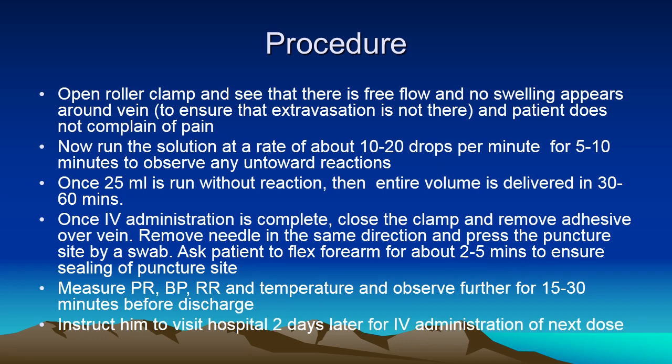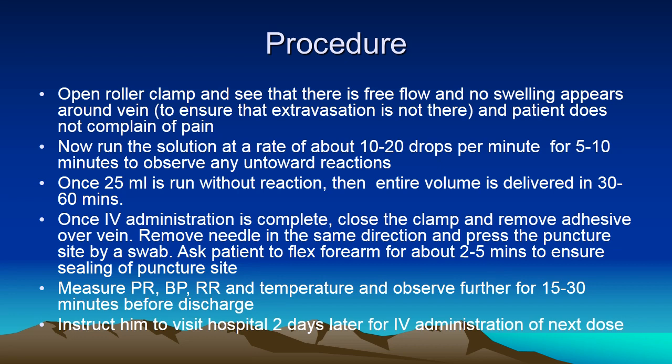Once there is no pain, then one can run the solution at a rate of about 10 to 20 drops per minute for 5 to 10 minutes to observe any untoward reactions. Once 25 ml is run without reaction, then the entire volume is delivered in 30 to 60 minutes. Once IV administration is complete, close the clamp and remove the adhesive over the vein.